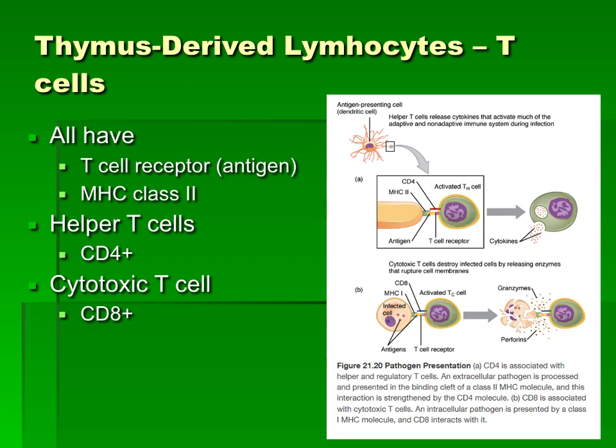The helper T cells have a marker on their surface called the CD4, and they secrete cytokines to help activate other cells. And then the cytotoxic T cells have the CD8 marker on their surface, and when they're active, they directly attack antigen-bearing cells to lyse them and to digest them.